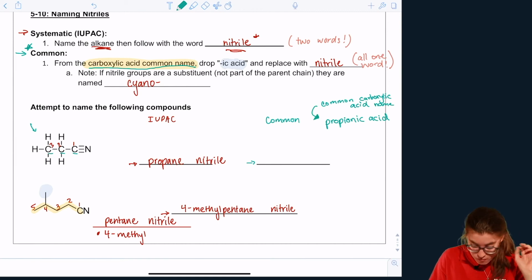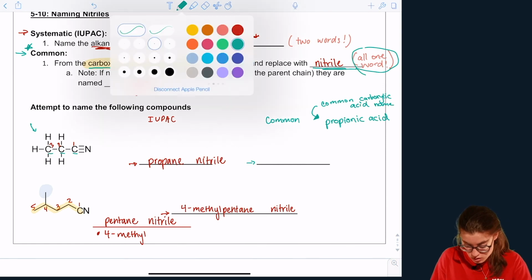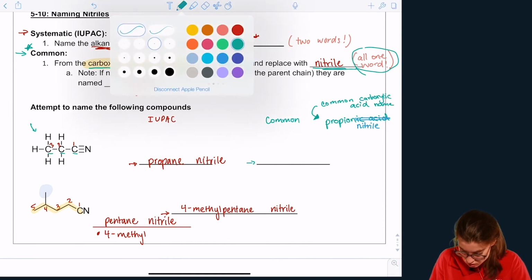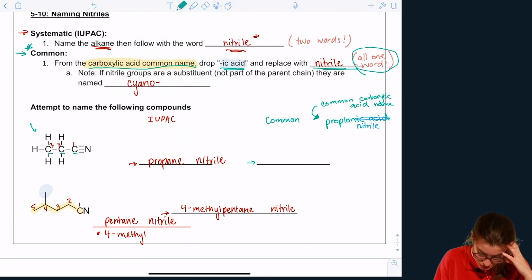But what we're going to do is drop the ic acid and replace with nitrile, and don't forget this time it's all one word. So the final name for this the common way would be propionitrile.